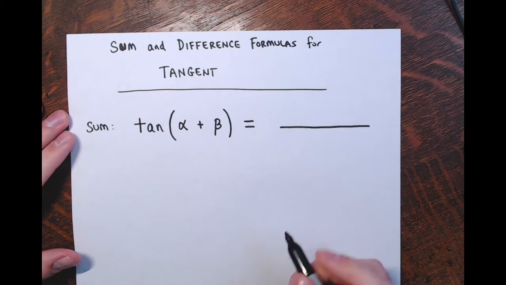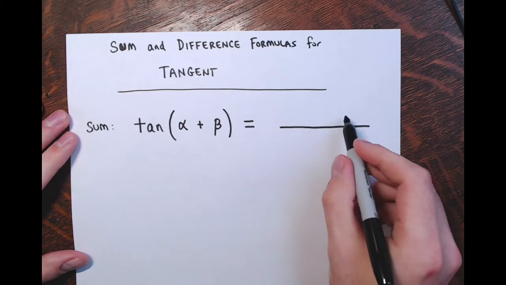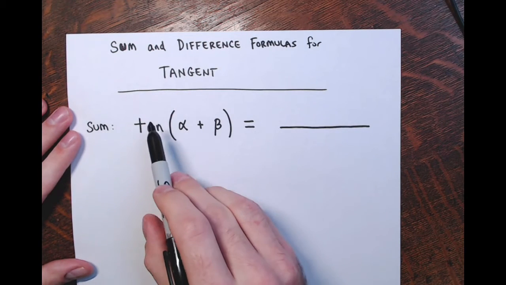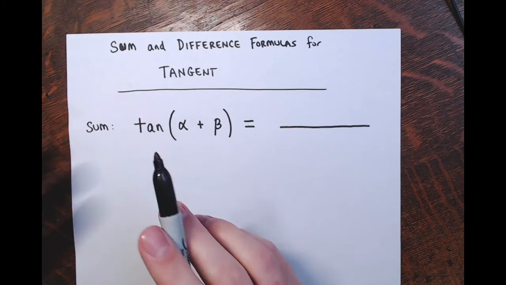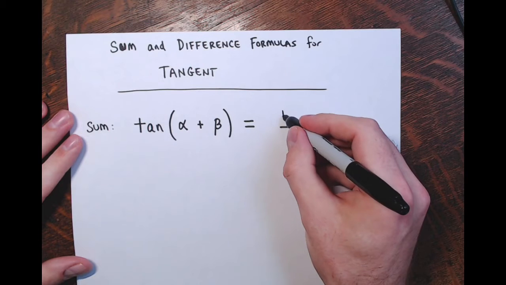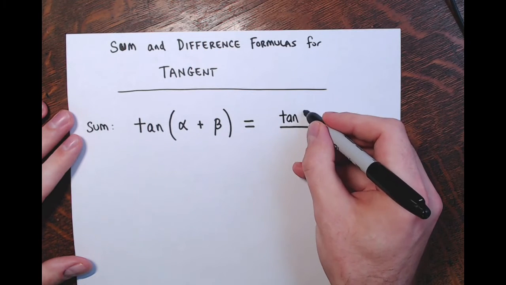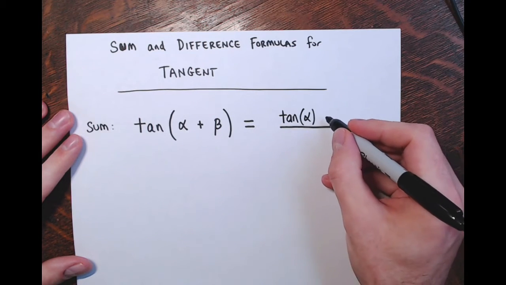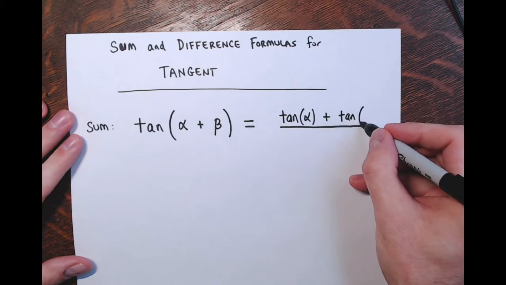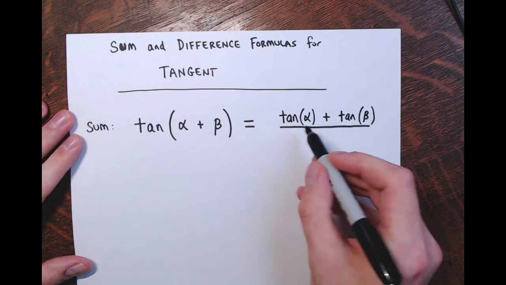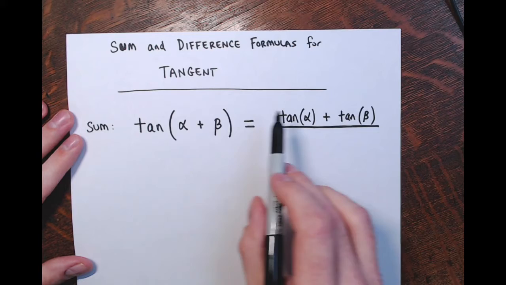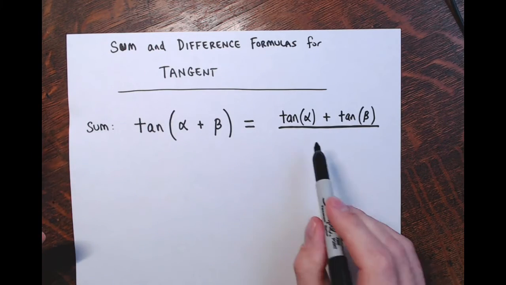In the numerator, it's kind of like you're distributing the tangent, even though it's not really distributing. The numerator is the tangent of the first angle, tangent of alpha, plus the tangent of the second angle. There's more to it.